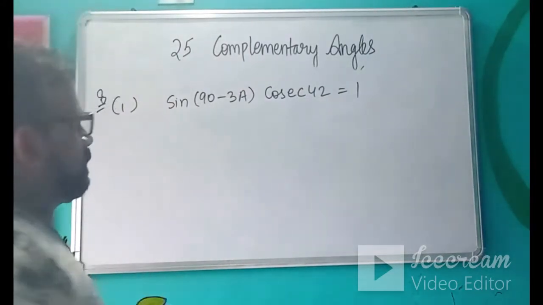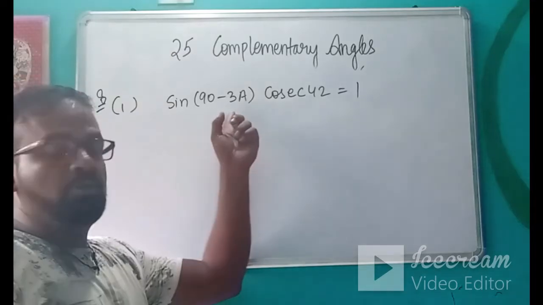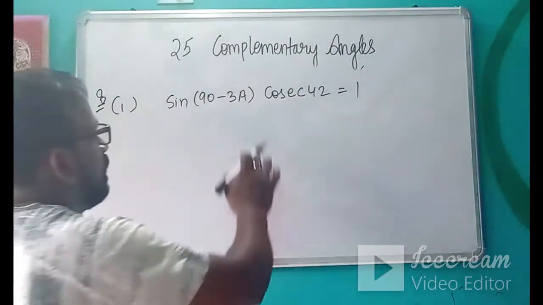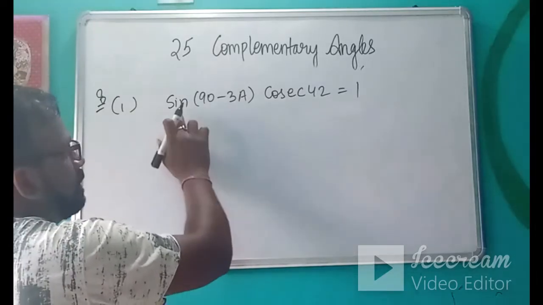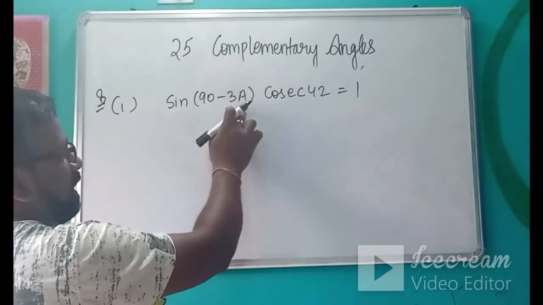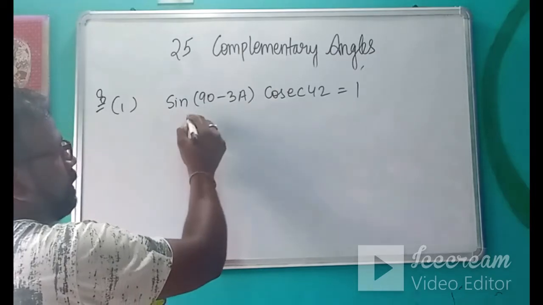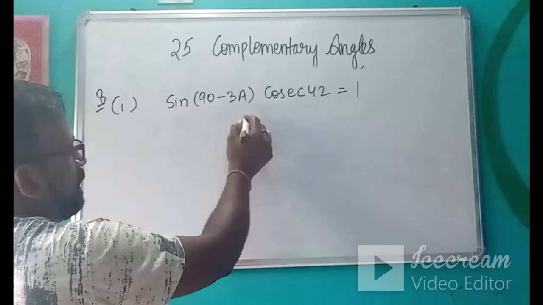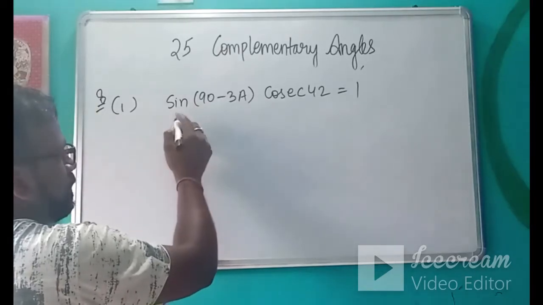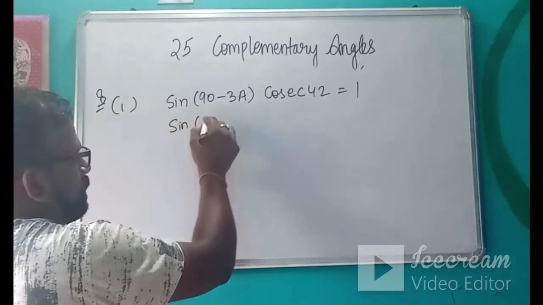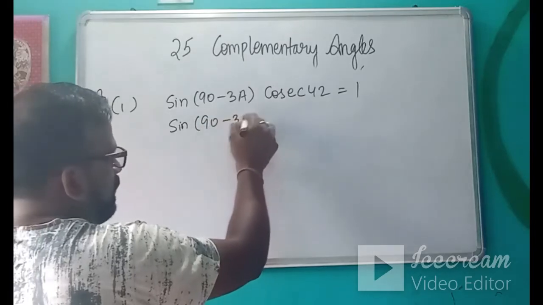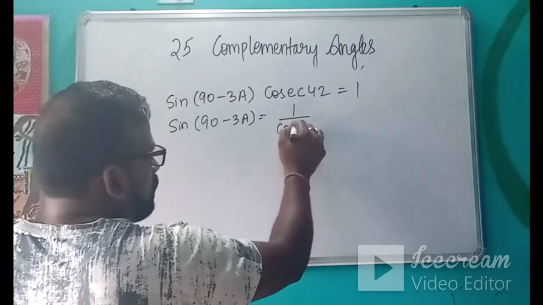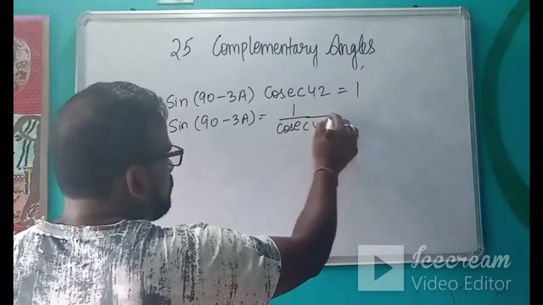Okay, so last question. In this we have to find the value of angle A. So how we will proceed? So see, sin 90 minus theta, it will be equal to cos theta. Instead, we will not change it like this, instead what we will do is take this cosec here, 1 upon cosec 42 degree.